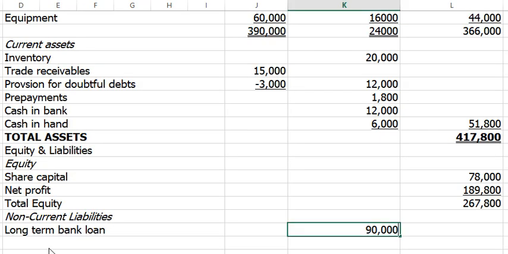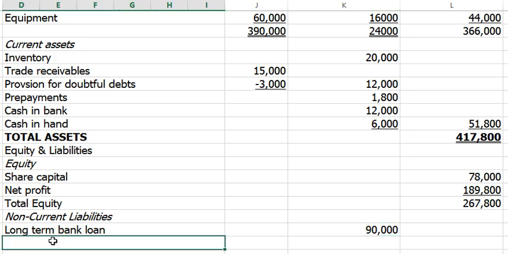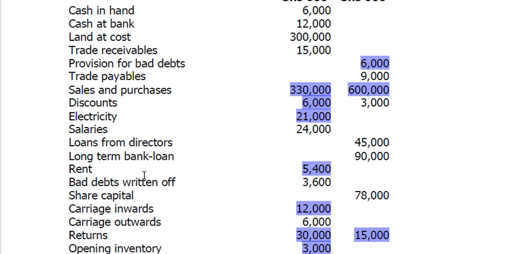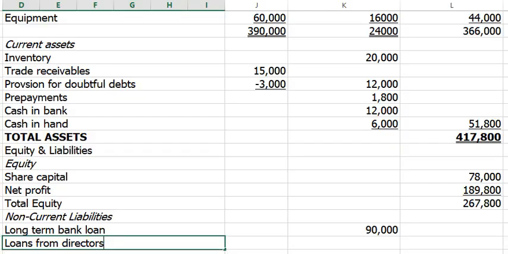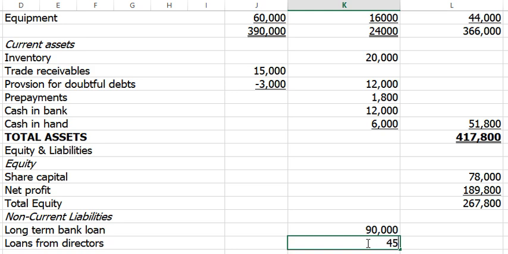But I can decide to just assume that maybe they are long-term liabilities, so I can put them under the non-current liabilities. Loans from directors, we don't know when they will be paid back, 45,000. Let me take them under the non-current liabilities, but someone else can still put them under the current liabilities on the assumption that they are going to be paid within the next 12 months after the balance sheet date.